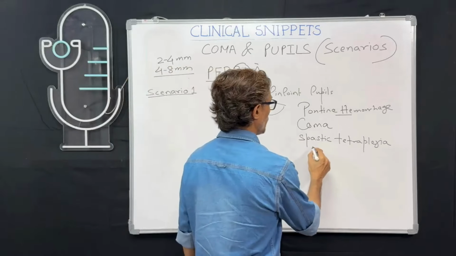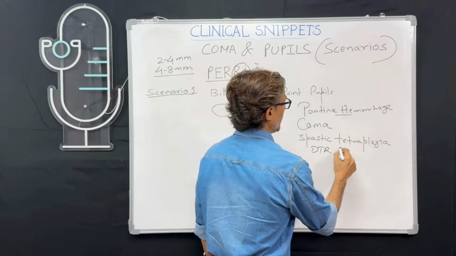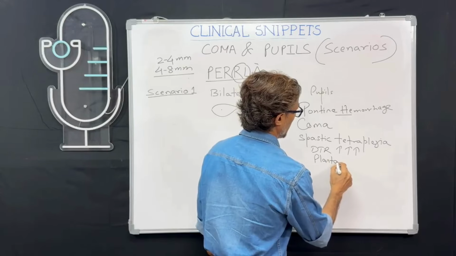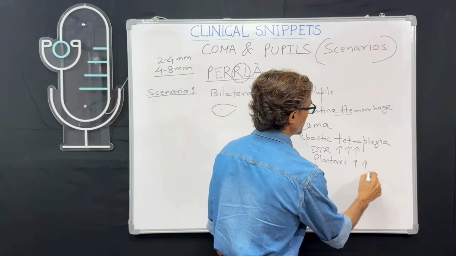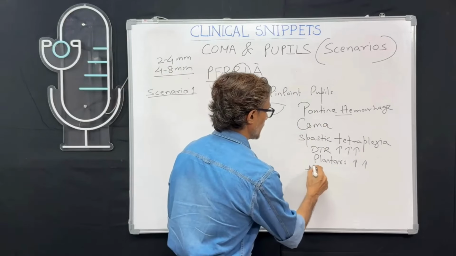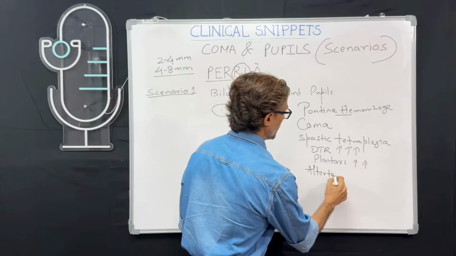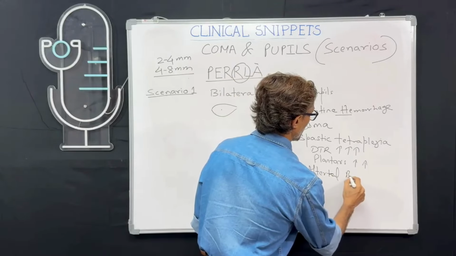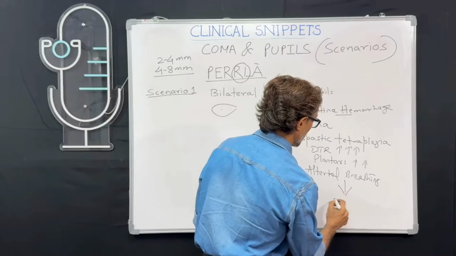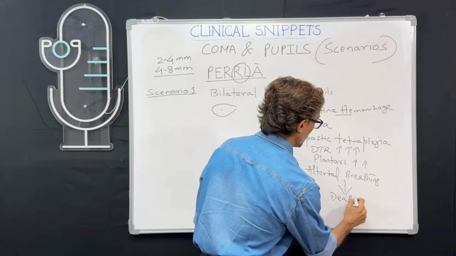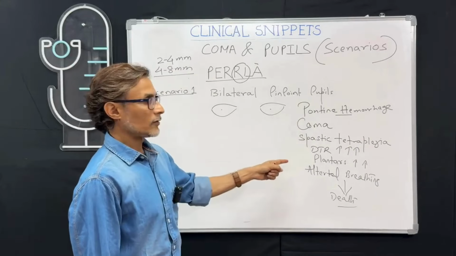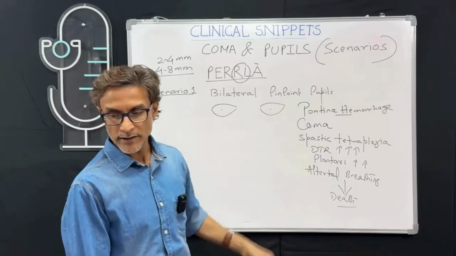That means all the DTRs are exaggerated, plantars are up, Babinski sign positive, coma, pinpoint pupil, sometimes altered breathing, and the patient dies. So this is the clinical examination, and it is pontine bleed.